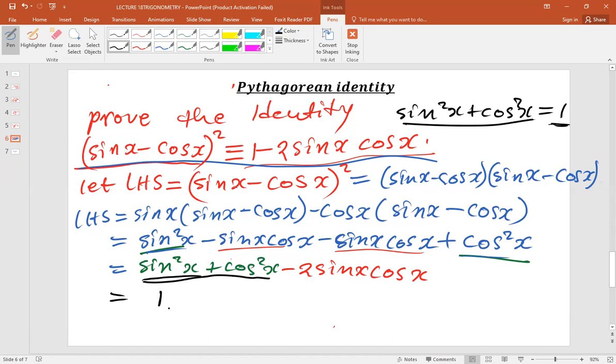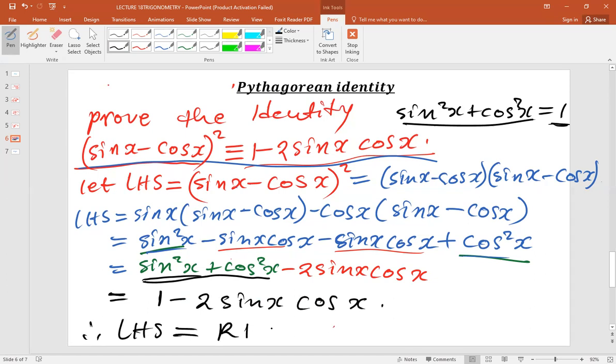So I'm going to put 1 there, and then I'll write the remaining part this side, minus 2 sin x cos x. So I have proven that the left-hand side is equal to the right-hand side. And then you can say, therefore, the left-hand side is equal to the right-hand side. Then you say, hence proved.